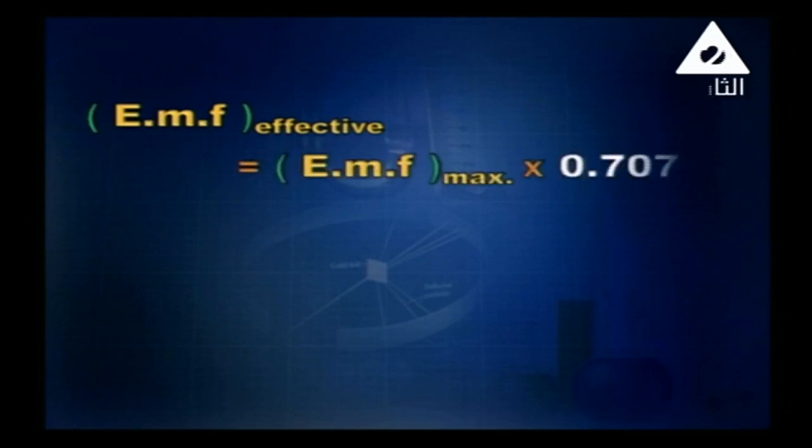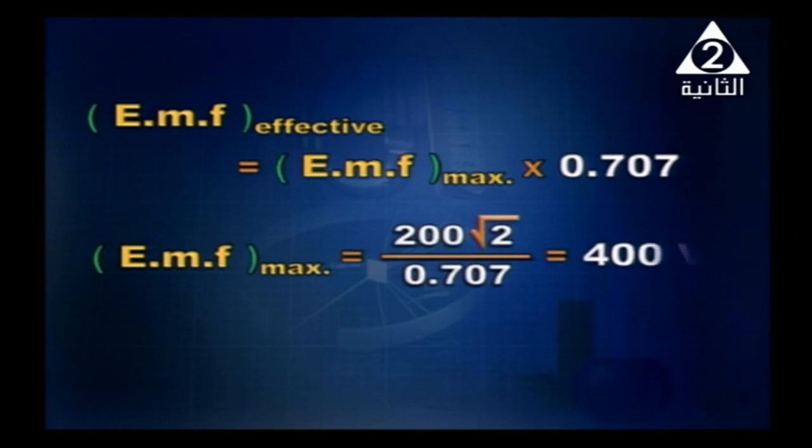First of all, effective value is given. It is equal to EMF maximum times 0.707. So EMF maximum equals EMF effective, which is 200 times square root 2, over 0.707. It is 400 volt. So this was about the maximum EMF.